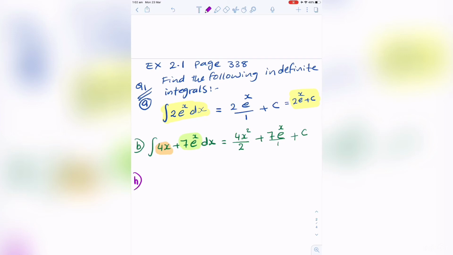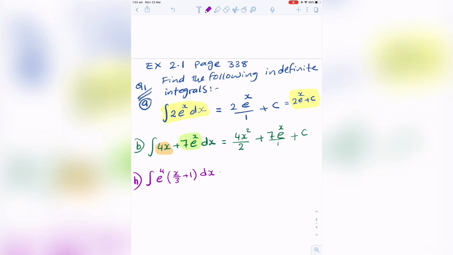Next is the integration of e to the power 4 times the bracket x over 3 plus 1, dx. For this one, before we integrate, we need to tidy up first.